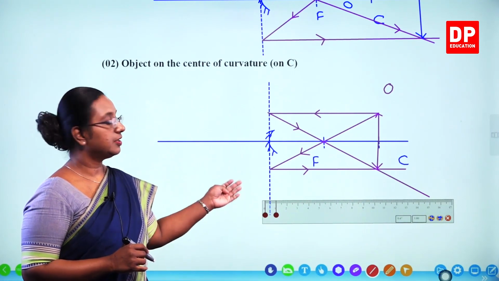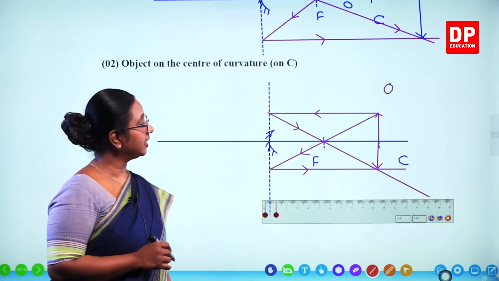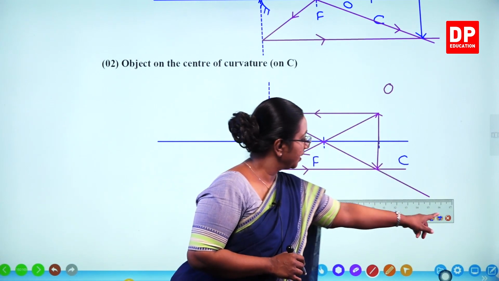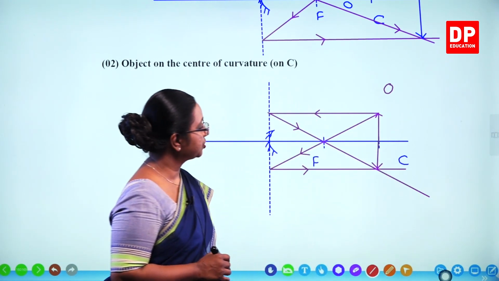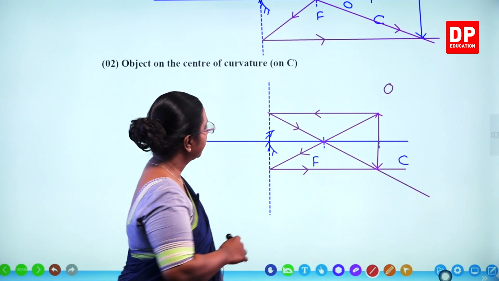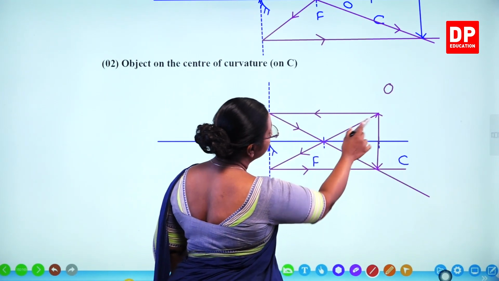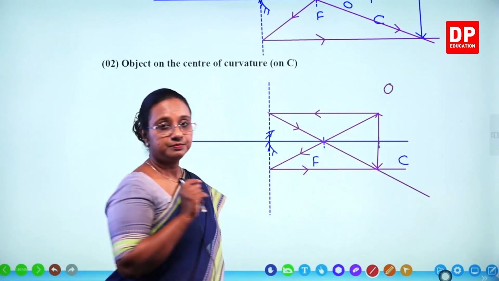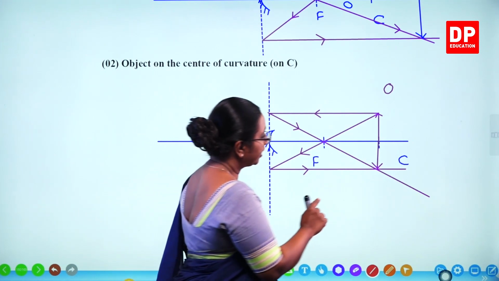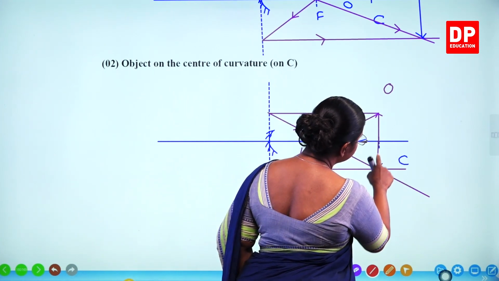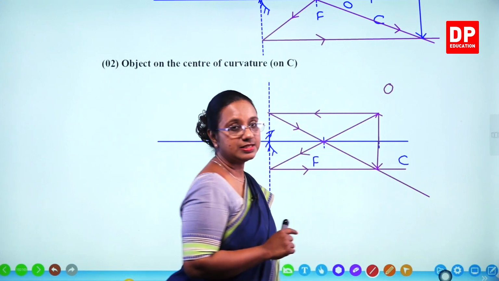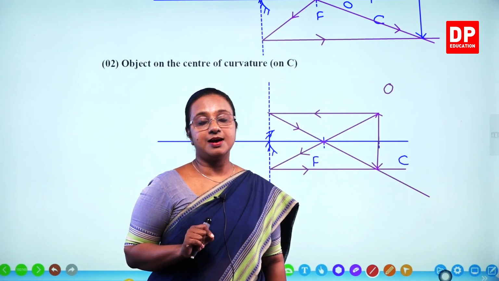So students, you all know when the object is on C, the image also has to be on C. As I told you all before, since these lines are very thick, I could not get the image exactly on point C. It's slightly slanted.